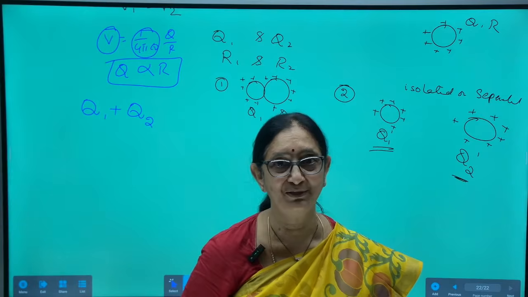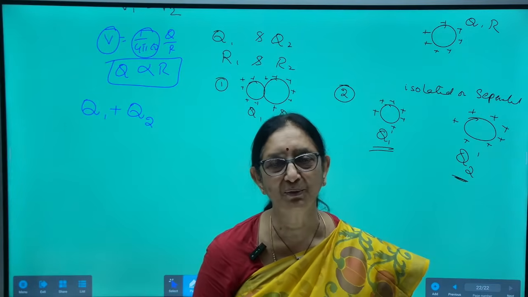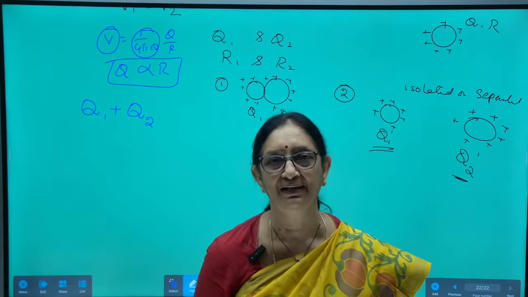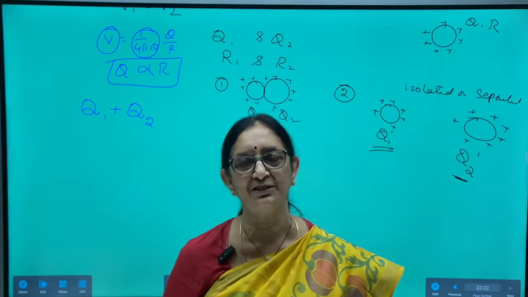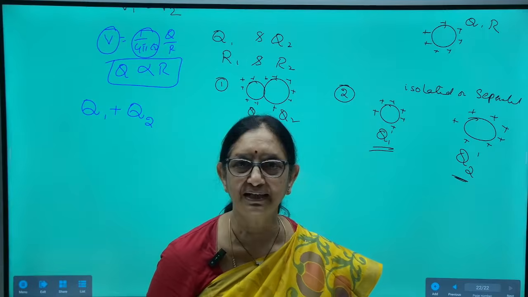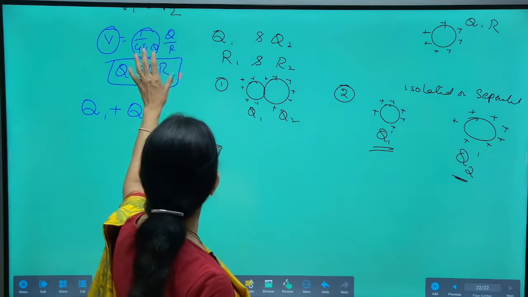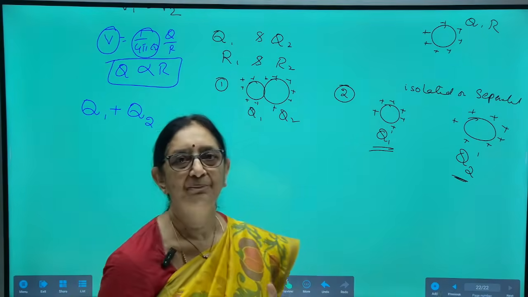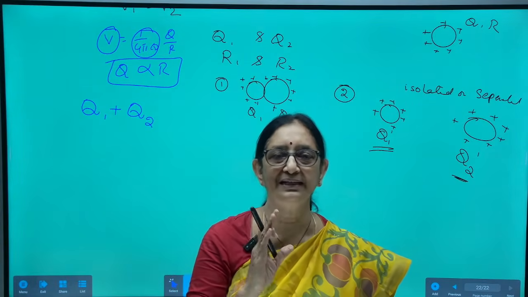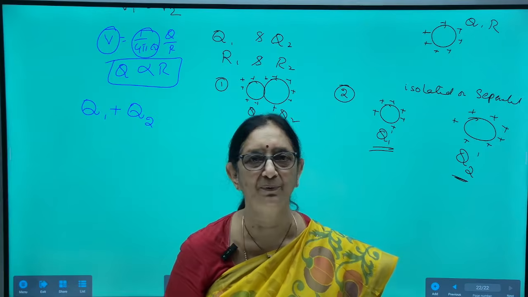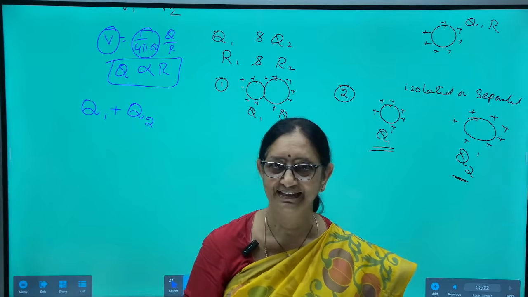So, coming back to the basic concept, when two charged spheres are placed in contact with each other, redistribution of charge takes place till their potentials are equal. From the expression for potential, if potentials are same, charge distribution is directly proportional to the radius, right?